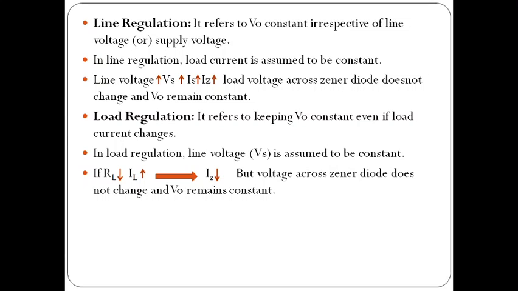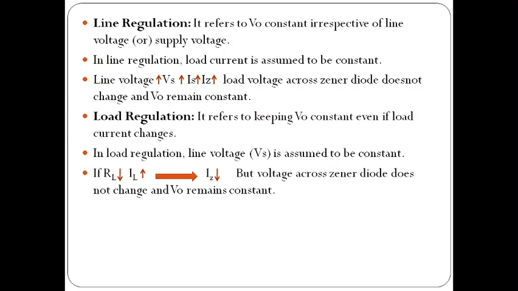So now my Vs is constant, and Is is also constant. If RL decreases, the load current increases, then Iz decreases. But the voltage across the Zener diode does not change and V naught remains constant. So this is called load regulation.